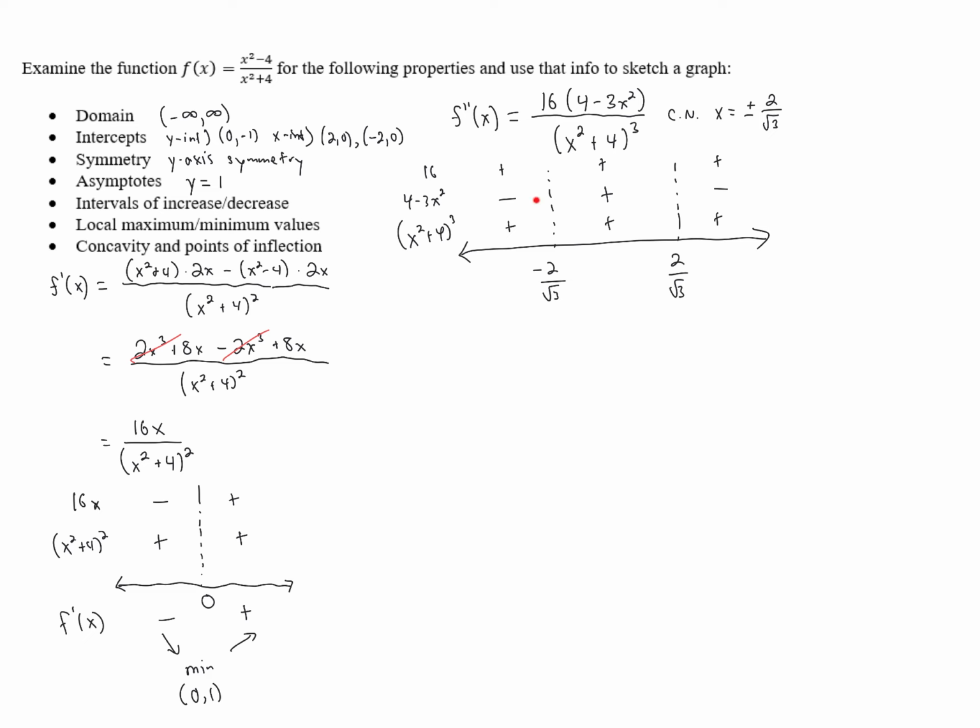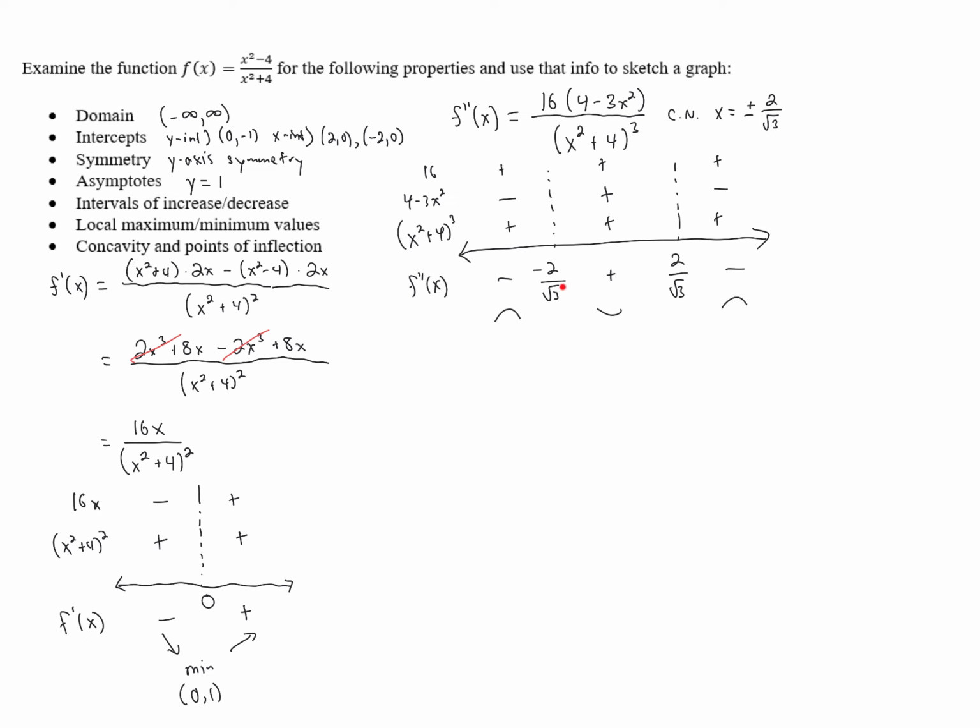And the same is true if x is too big in the negative direction. So we've got negative, positive, negative. That means that our second derivative is going to be negative, positive, negative. So we've got concave down, concave up, and concave down.